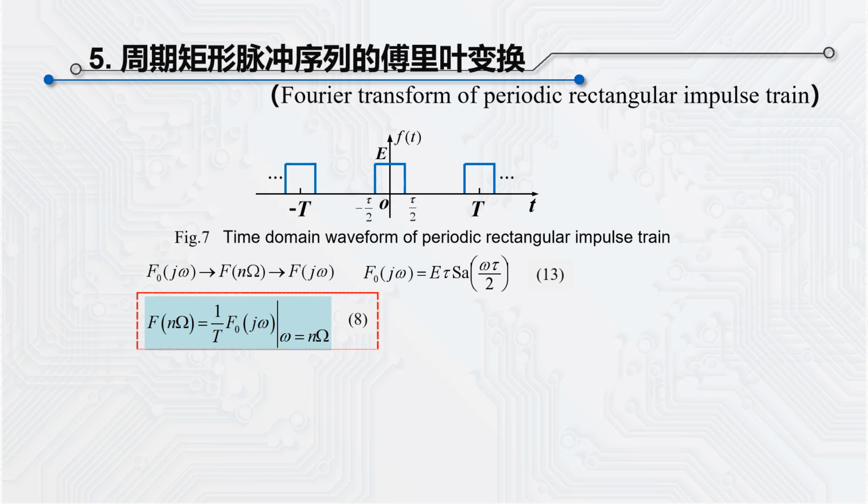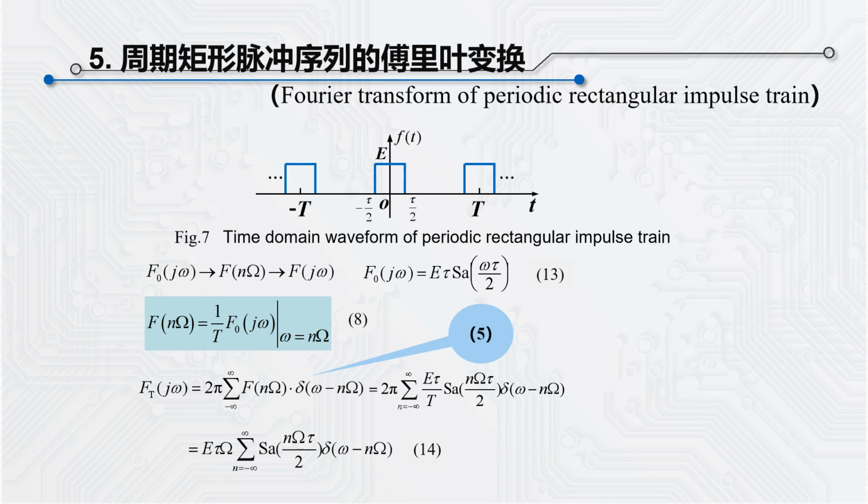According to the relationship between f0 and f, as shown in Formula 8, and according to Formula 5, then we can get Fourier transform of a periodic rectangular pulse as shown in Formula 14. Obviously, the spectral density function of the periodic rectangular impulse train is also an impulse train. Of course, its impulse intensity changes according to the law of sampling signal at different n omega.